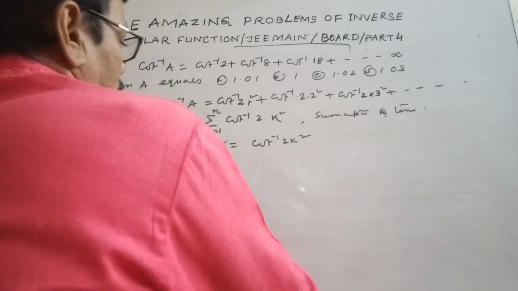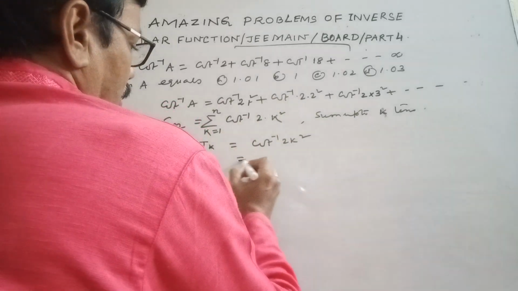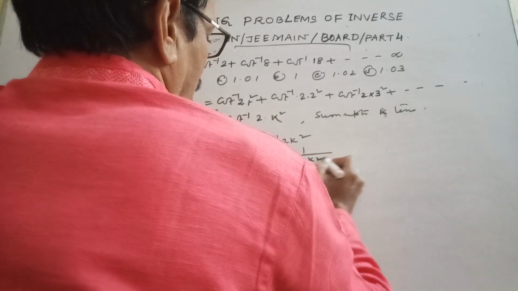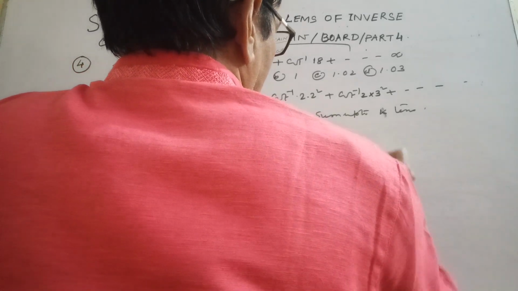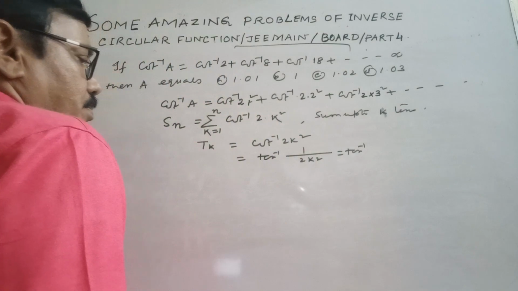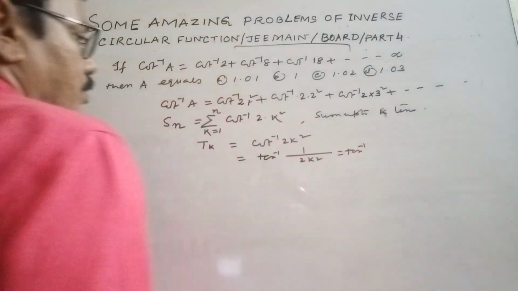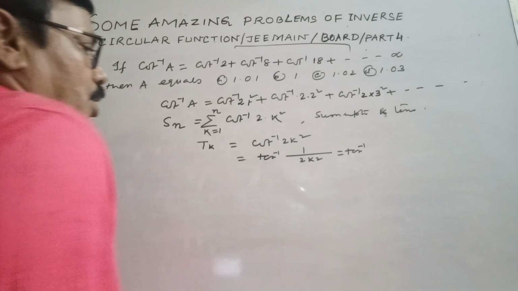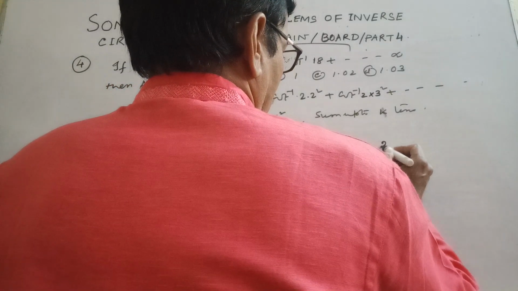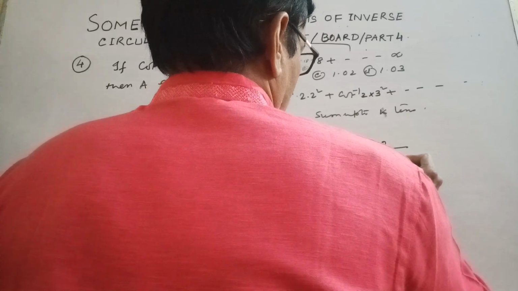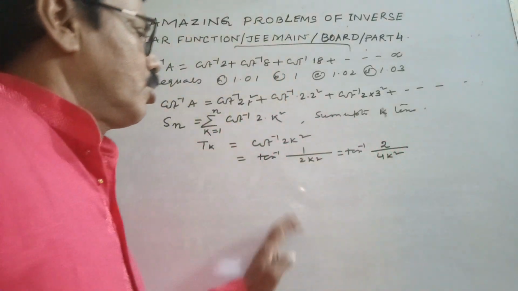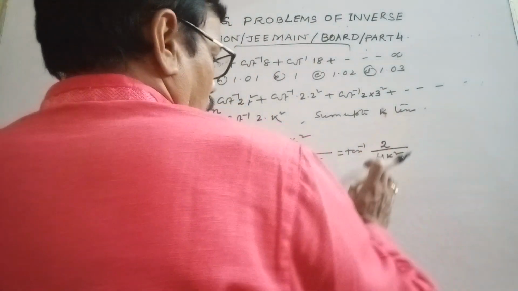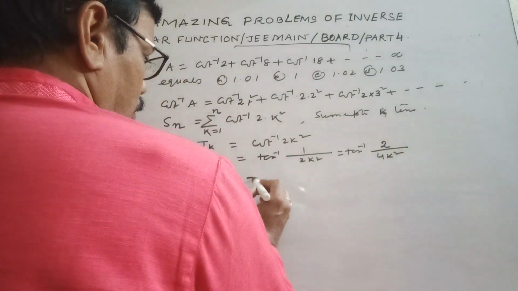Now what is our kth term? This one. So this is tan inverse 1 by 2k square. You multiply it by 2, so 2 by 4k square. I will show the step why we are multiplying it by 2.